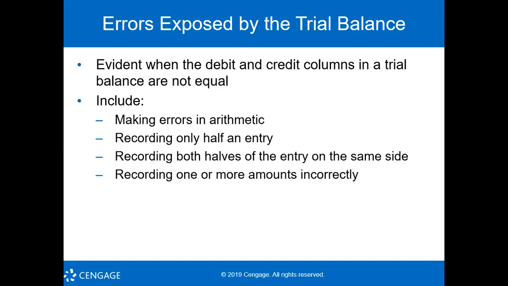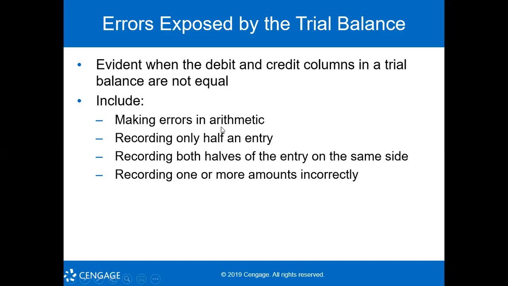But usually there is a little error message that'll pop up, so it won't let you record it unless debits equal credits. So that's the most obvious error that can be made: we try to record a transaction, and debits do not equal credits, right? There can also be errors made with arithmetic.